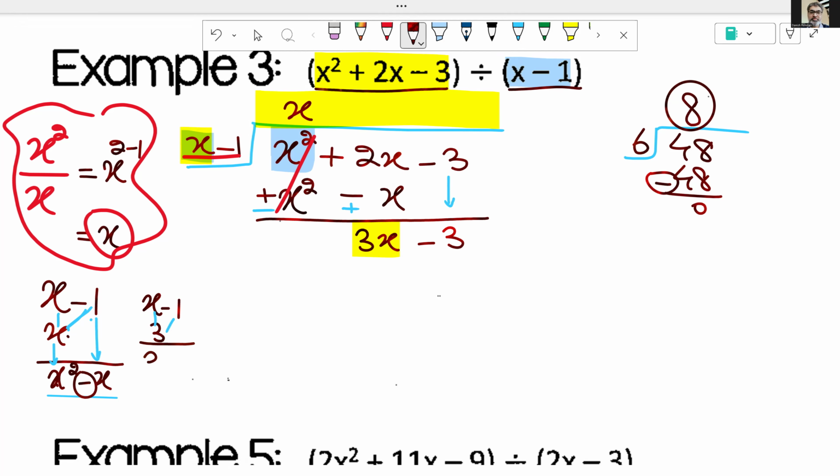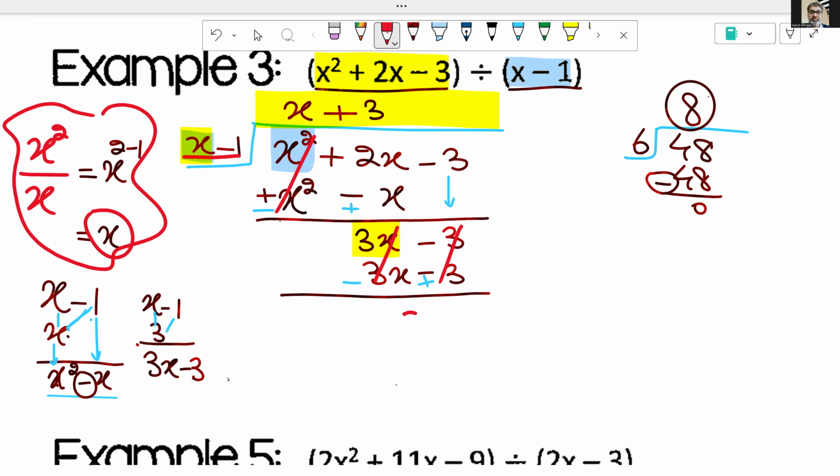So let's put it over here, 3x minus 3. Then that means I will take that 3, which has given me the first expression exactly matching, and put it over here, now with the plus sign, plus 3. So then I will do the multiplication and I got exactly matching result. So when I'm going to change the signs, this will definitely make it 3x minus 3x is 0. 3 minus 3 is 0. So what's the remainder? 0 is the remainder.